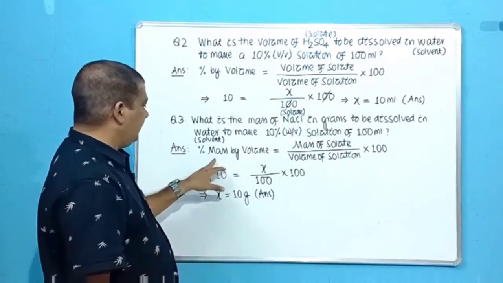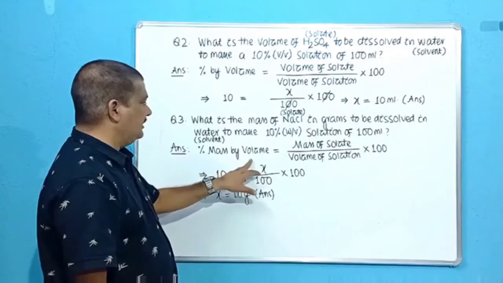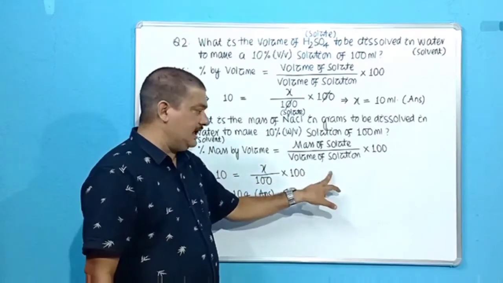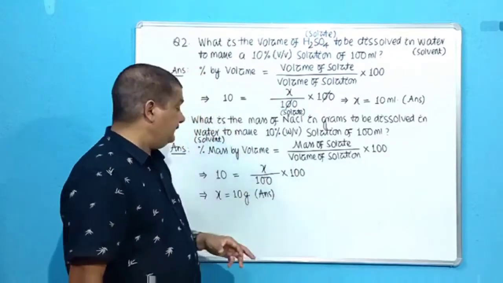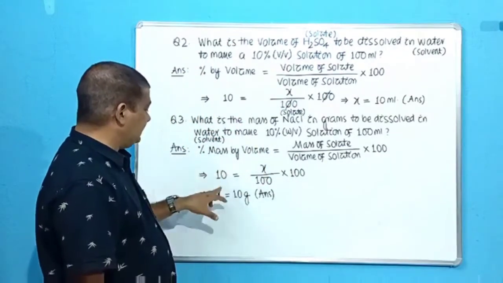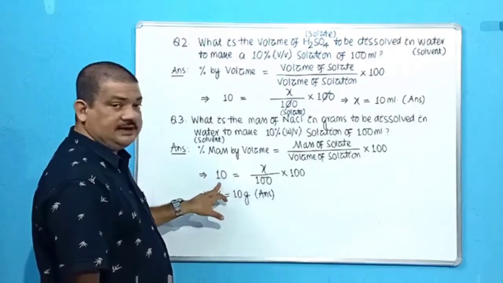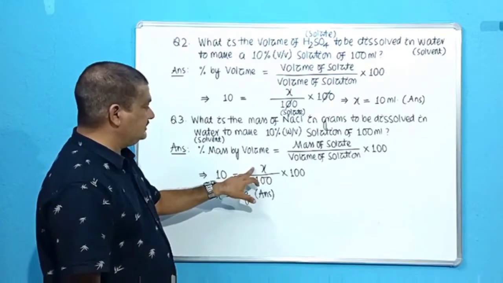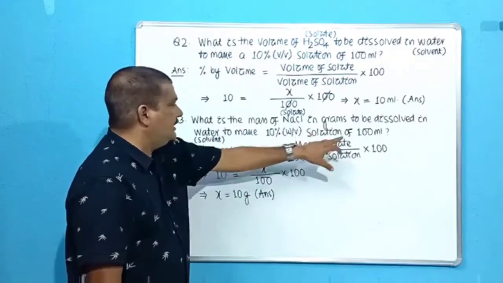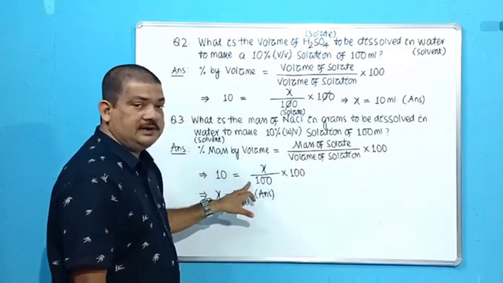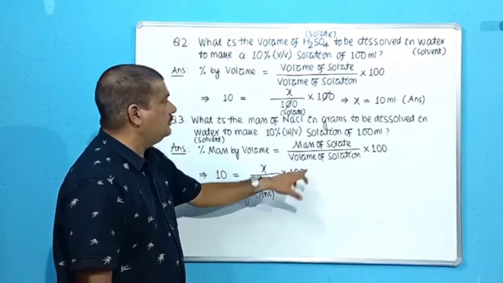So again the formula for percent of mass by volume is mass of the solute in grams divided by volume of the solution in milliliter into 100. So what is the percent mass given? Now 10%. So put 10 here. Then let mass of the solute be X. Then volume of the solution given is 100 milliliter. So put 100 here, into 100.